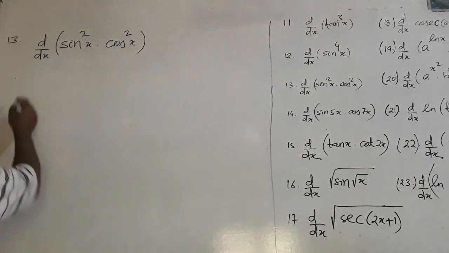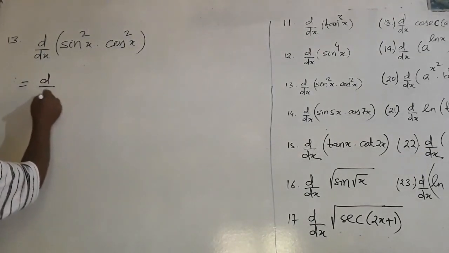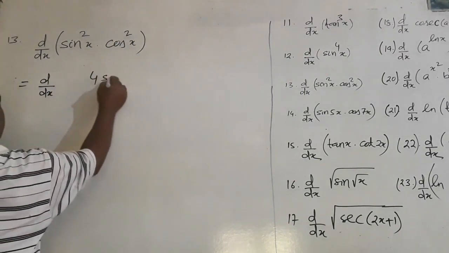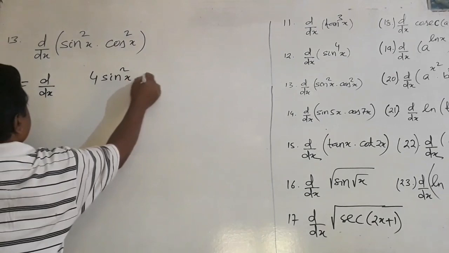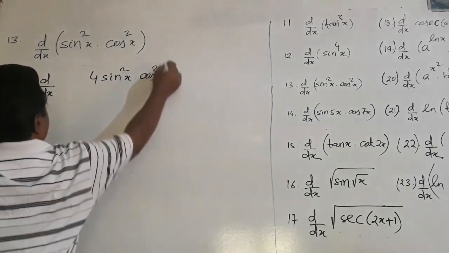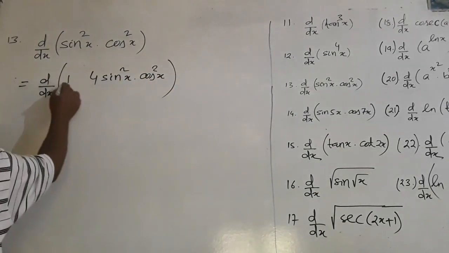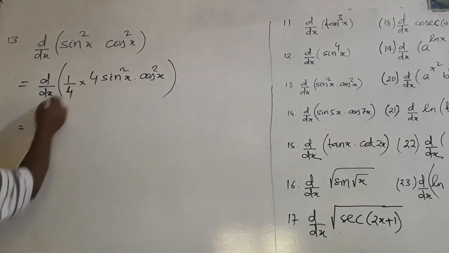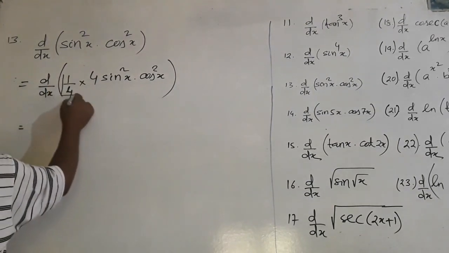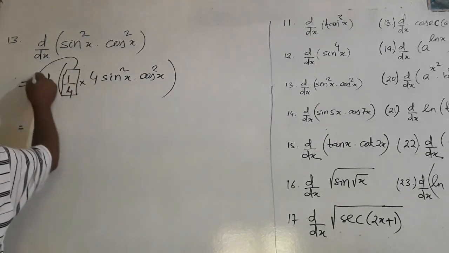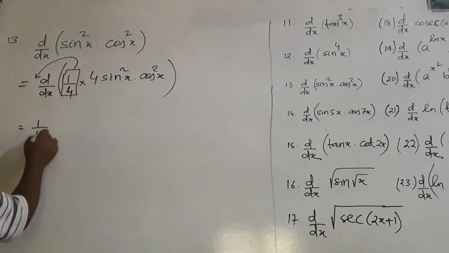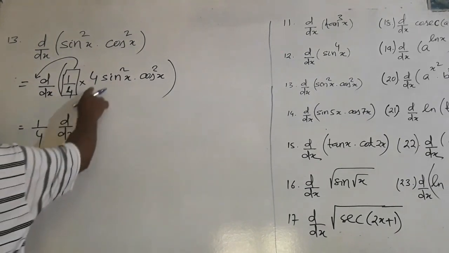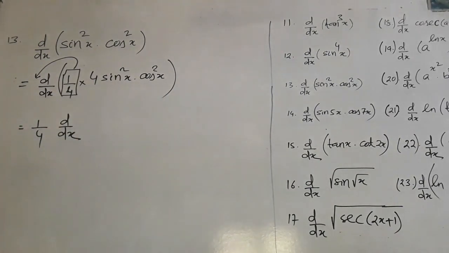Look at how. This is d by dx. Now I multiply by 4 sine square x into cos square x. If I multiply by 4, then I will divide it by 4. Now this 1 by 4 is a constant, it will come outside. 1 by 4 d by dx of 4 sine square x cos square x.